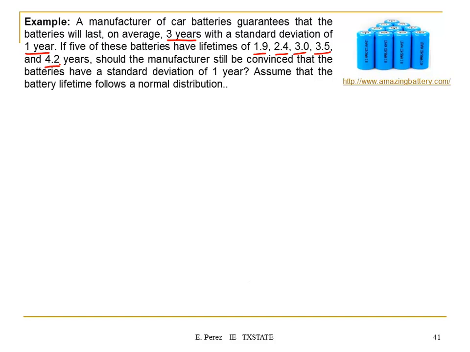Assume that the battery lifetime follows a normal distribution. The question here is not regarding the average lifetime of the battery, it is regarding the variability in terms of the standard deviation. We want to know if that standard deviation of 1 really represents what's happening when you test those batteries. For variability, we know we can compute the sample variance.